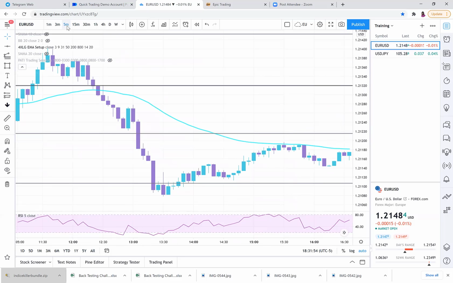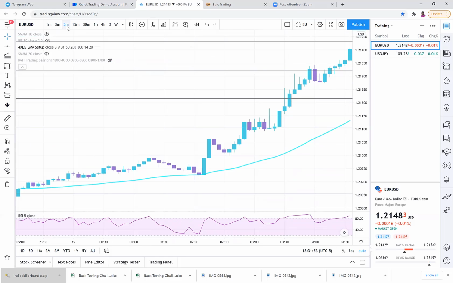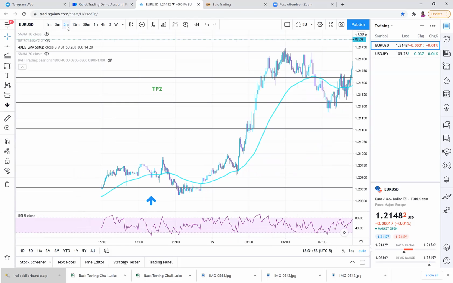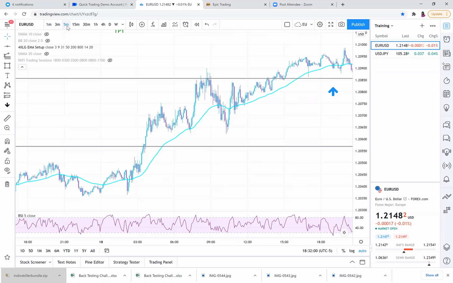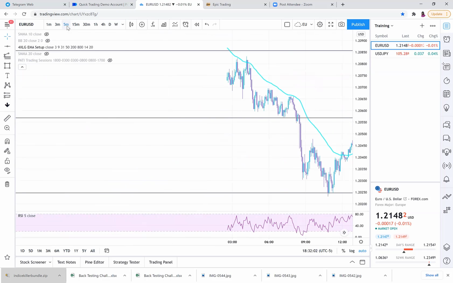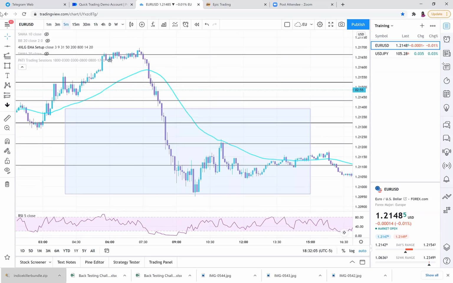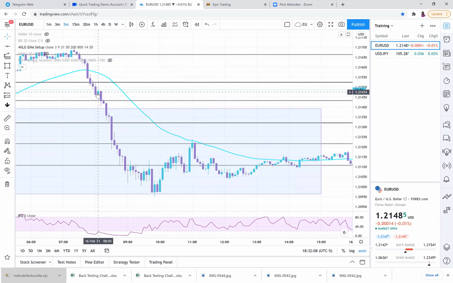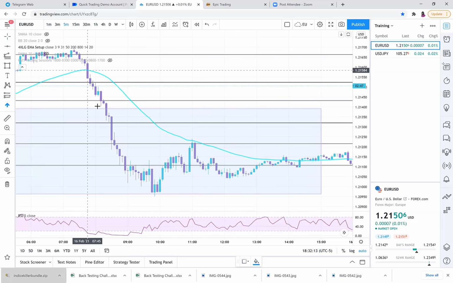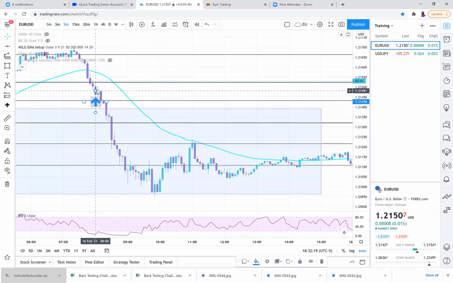A lot of times when you go down to the smaller time frame, you can find the pullback that you're looking for to enter the trade. So let's see. Here we go. See this blue candle here? We did not see this on the 5-minute. So if we were looking for a break and then a pullback, we could enter here.